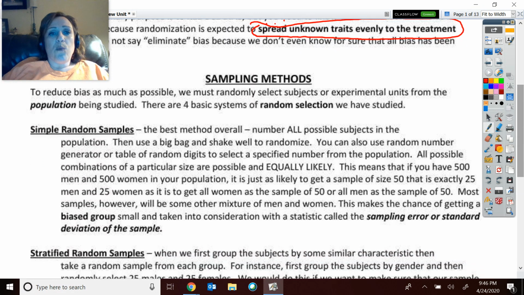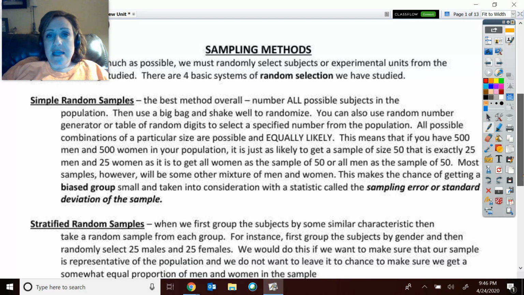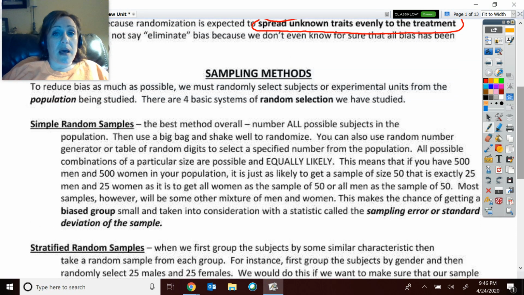Now we learned about 4 basic ways to select subjects or to get samples from our population in an attempt to get a representative sample, because if we randomly select, then our samples, like the population, you can generalize.